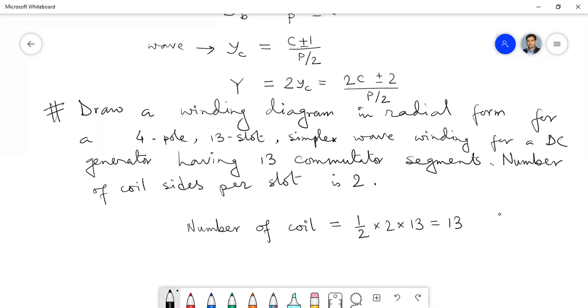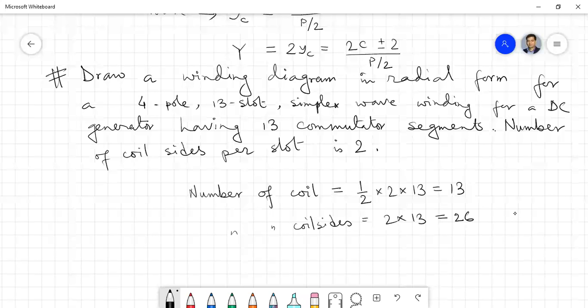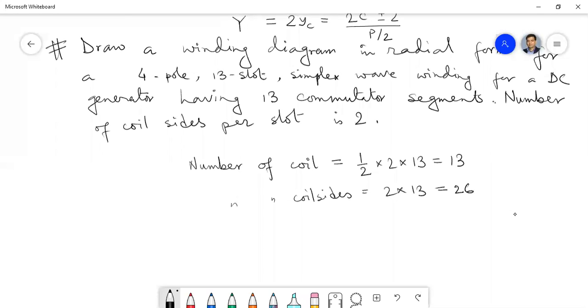So as I discussed in the last class, what is the number of coil sides? It is 26. That is very important for your winding design. So that means 1 to 26, the coil sides will come.